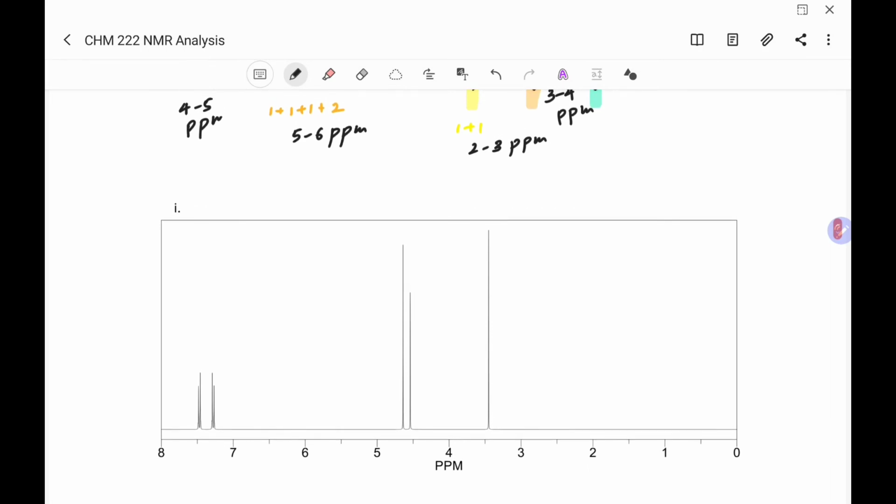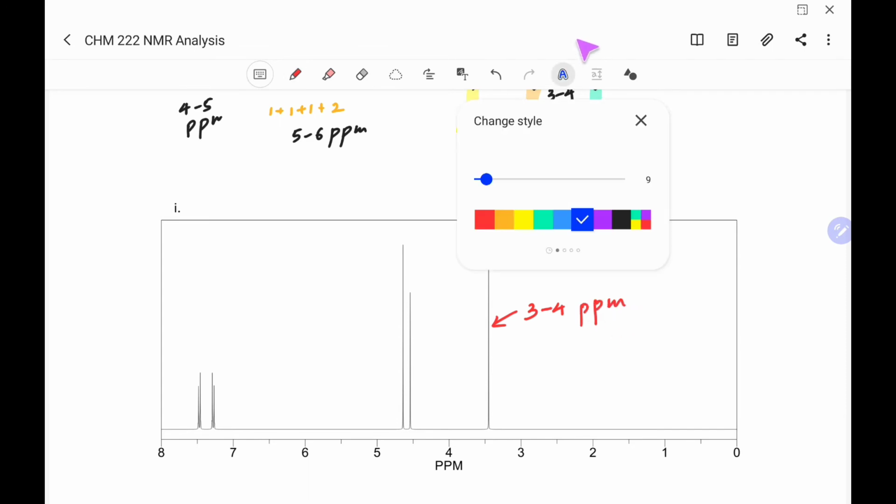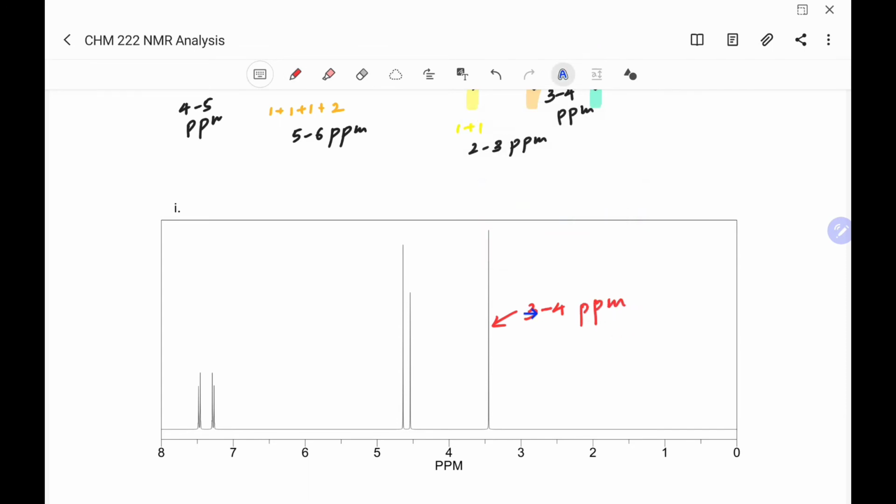Let's first take a look at the first NMR, and in this NMR you have a peak from 3 to 4 ppm. And then you have 2 peaks, one peak right here, another peak right here.